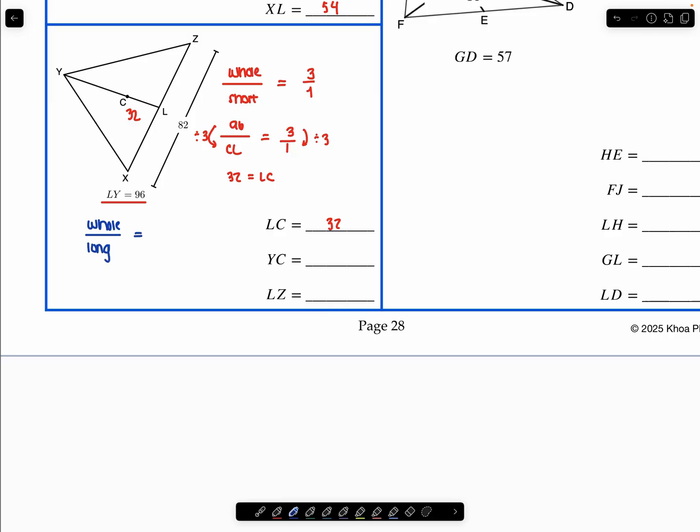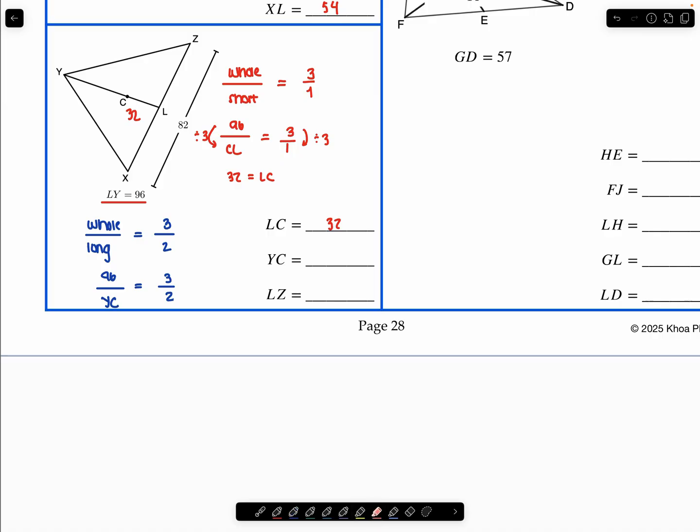So the entire median is going to be 3, and the long is going to be 2. So this is going to be 96 over long equals 3 over 2. And the long here is going to be YC.